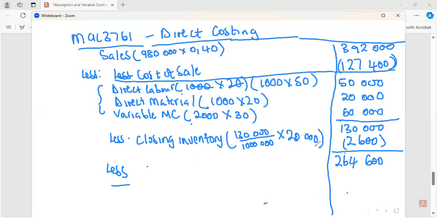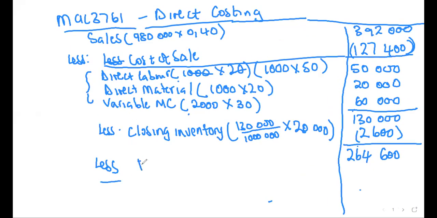So we're now going to less the variable selling cost. There's a difference between cost of sale and selling cost. There's a much difference there. So this one is going to be 980,000 times 5 cents. We say it's what? We say it's 49,000, am I right?